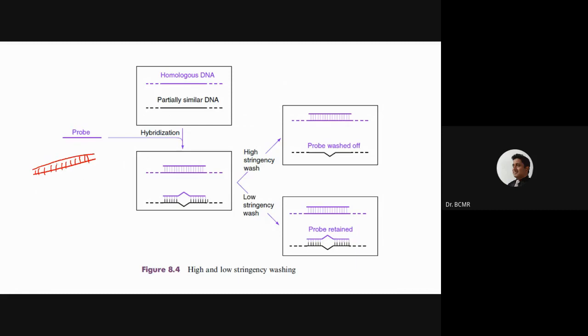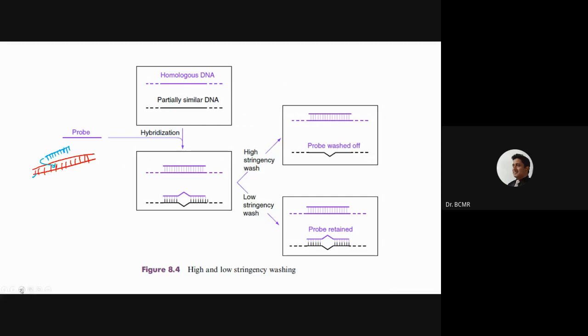First thing is, if I add a probe, say for example, I added a probe here. The probe is complementary to this, okay, complementary to the bottom strand. But then the bottom strand is already base paired with its complementary strand. So there is no place for the probe to go and bind here.